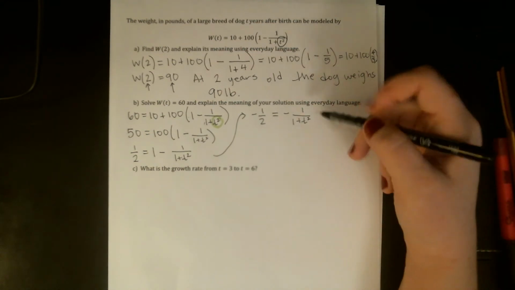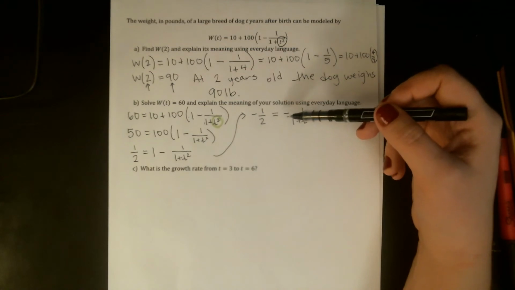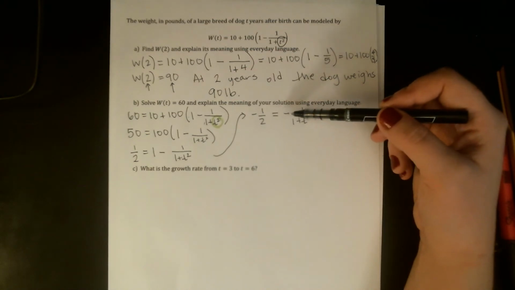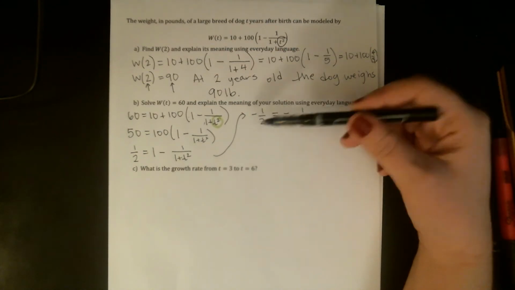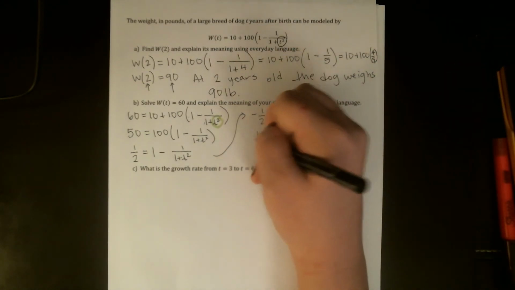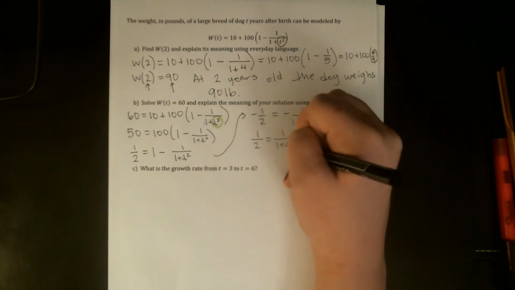Okay, at some point we're going to need to clear fractions. I'm going to go ahead and do one more step before I clear the fractions. If I have this minus 1 out in front, I can wipe it out just by multiplying or dividing both sides by negative 1, and I get positive 1/2 equals 1 over 1 plus t squared.